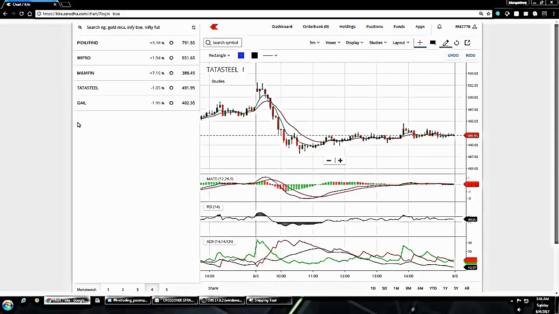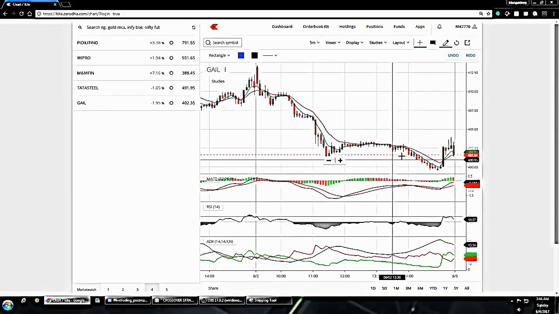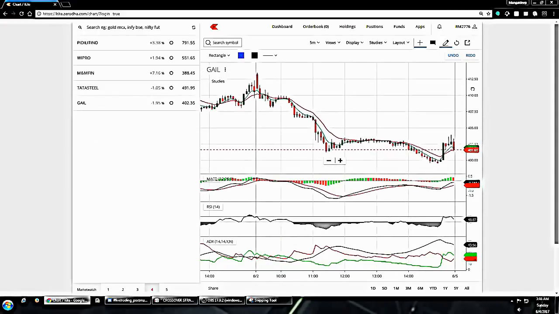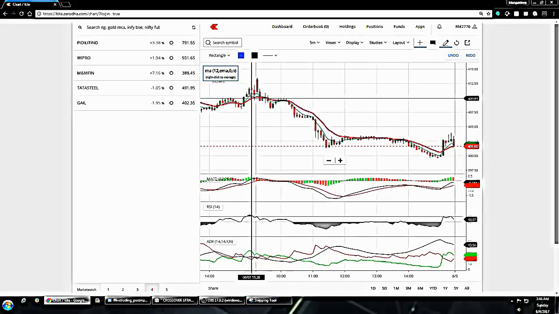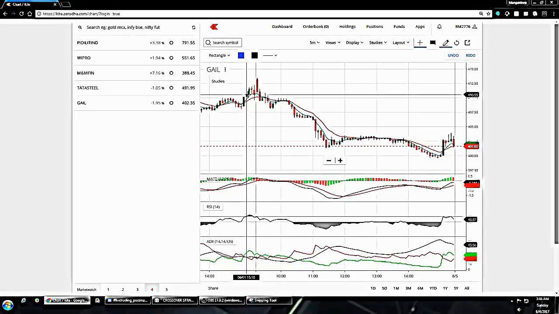Okay, and lastly GAIL. Now here this is again an example of a sideways market. We are not trading at the starting of the market because the first 15 minutes are very volatile. If you really want to take some risk, go ahead and trade, but my suggestion would be don't trade for the first 15 minutes.